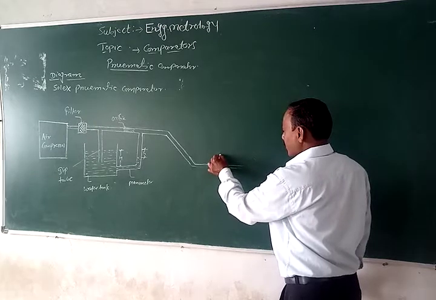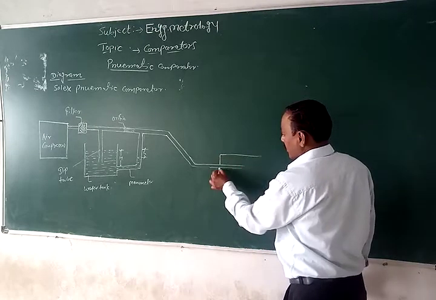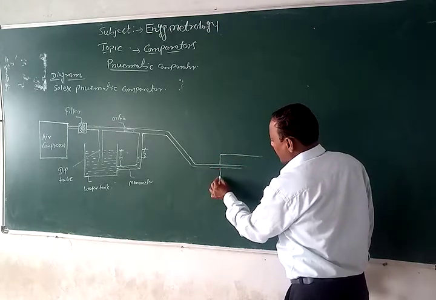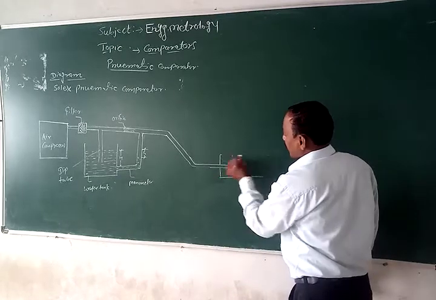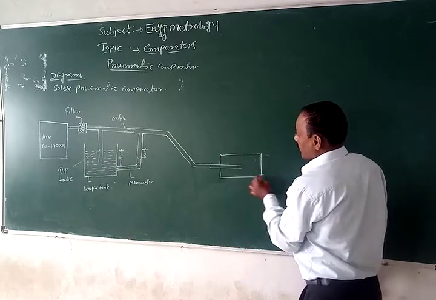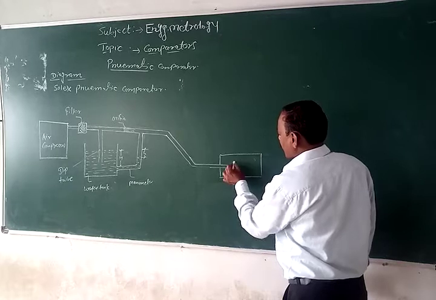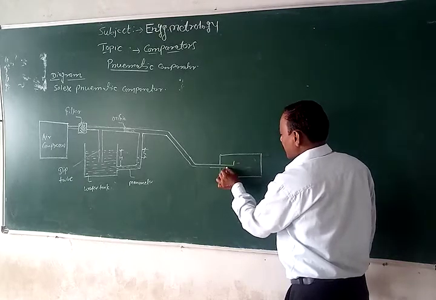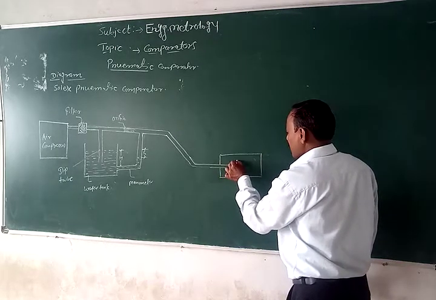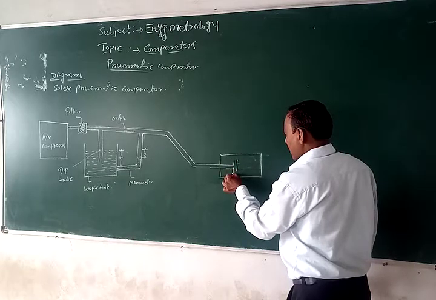Here is one of the jets, which is also called the gauging head. This is the gauging head. Here is the air jet.